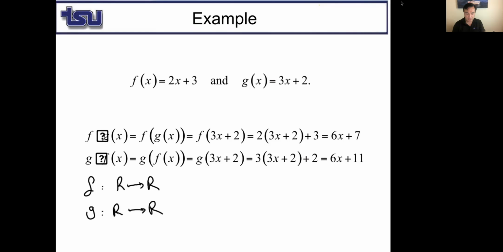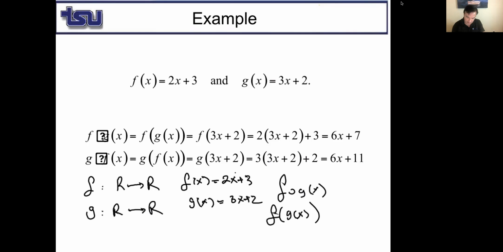And basically, f of x is equal to 2x plus 3, and g of x is 3x plus 2, and f of g of x, which is the composition of f with g, is f of g of x. So that means whenever you see x, replace it with g of x. So 2 times 3x plus 2, plus 3. This is what it is.